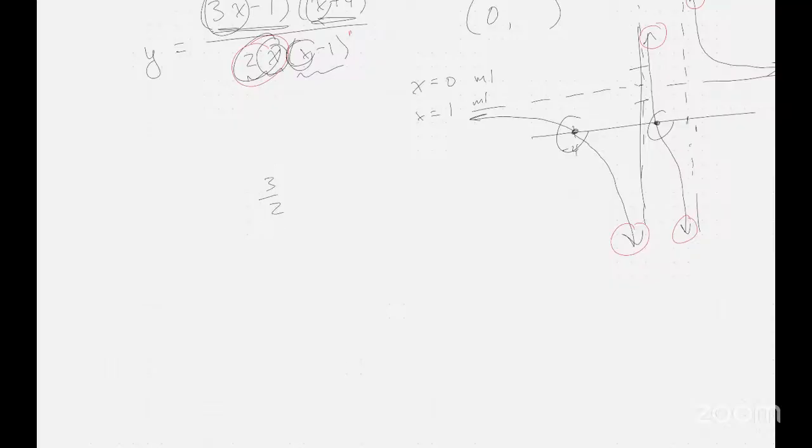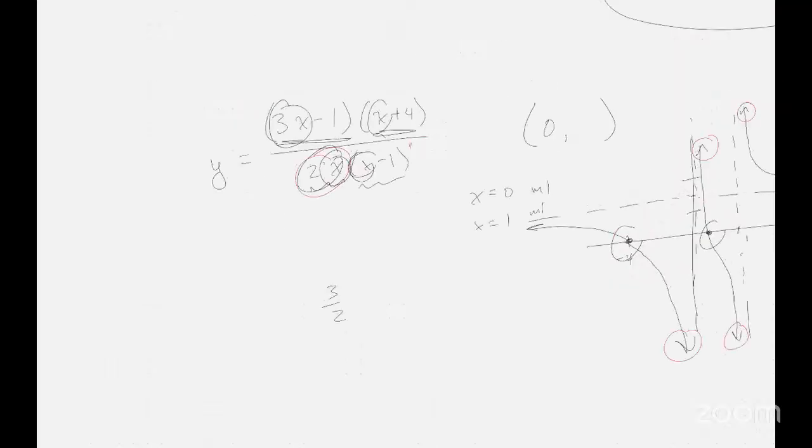Here, look at this problem right here, Abby. Think of that as 2 times x minus 0 times x minus 1. Now, is that easier to see what that is?